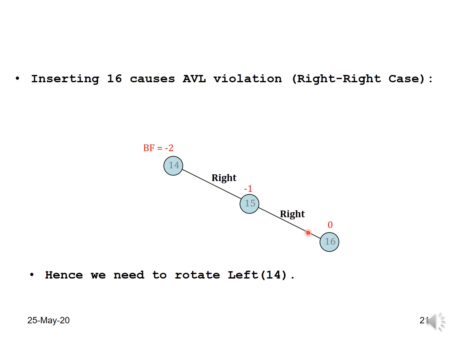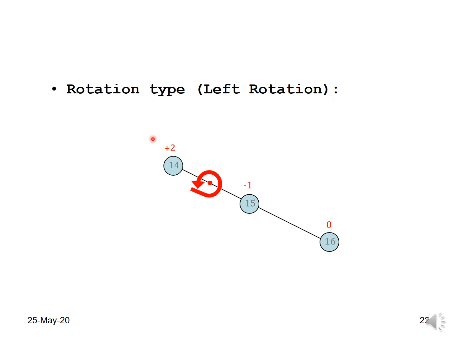So this is the right case, and that's why we need to rotate to the left. Because this is the right case, we will perform a single left rotation. Hence we need to rotate left to this 14. You can see this is the left rotation, and here we are rotating this 14 towards the left.